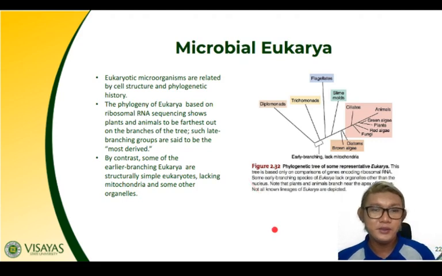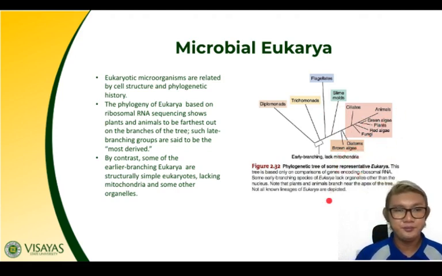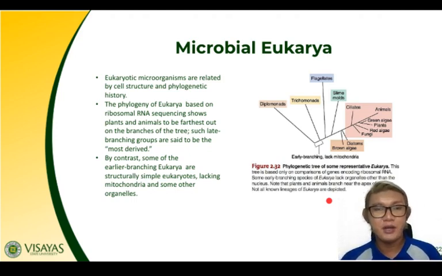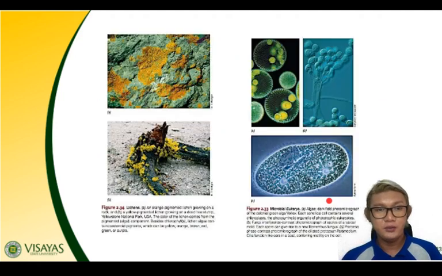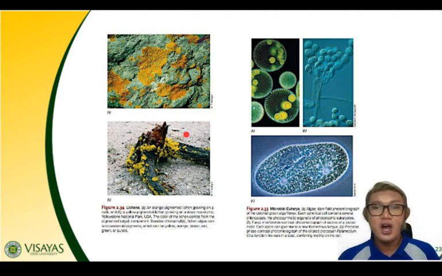Microbial eukaryotes could be those that belong to the diplomonads, trichomonads, the flagellates, slime molds, the ciliates, and other microscopic animals. Okay. So there are many representative microbial eukaryotes. For example, you have here lichens, which is an association of an alga and a fungus.